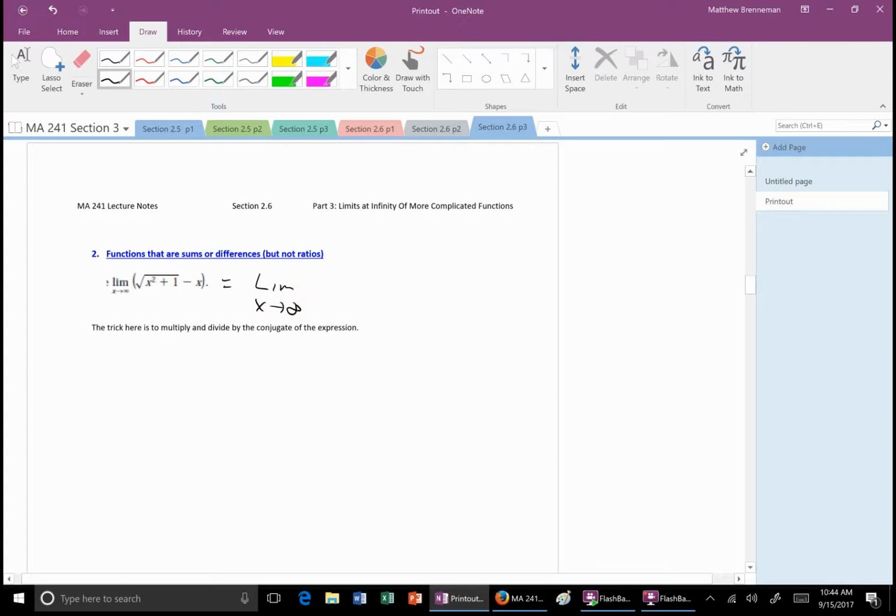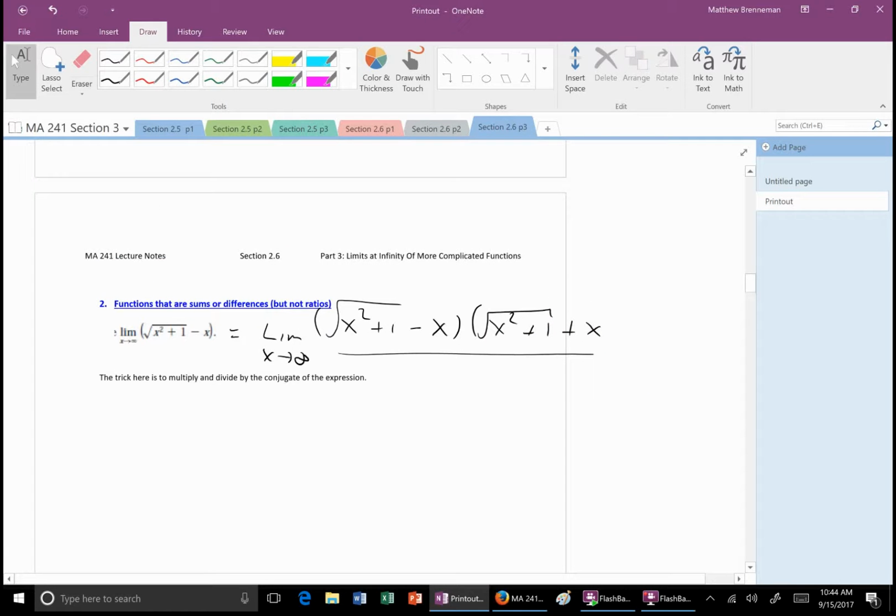So what is the conjugate of this? It'll be the same, but there'll be a plus. I have to multiply top and bottom, right? You want to be really careful with your brackets and all, okay?